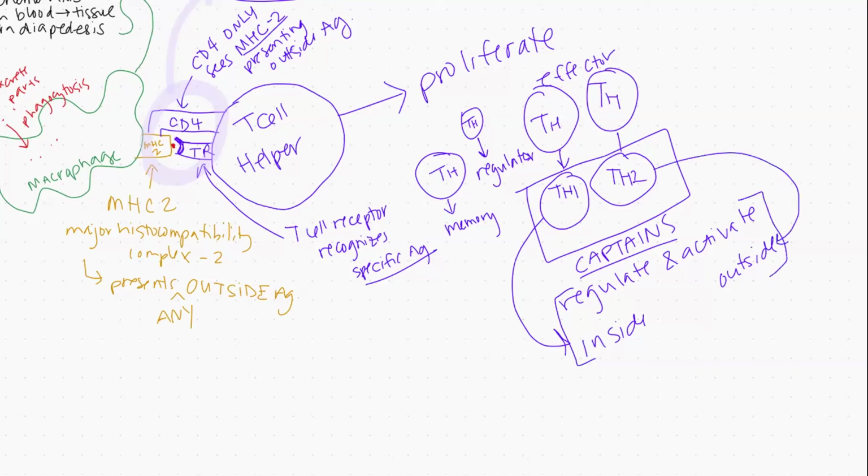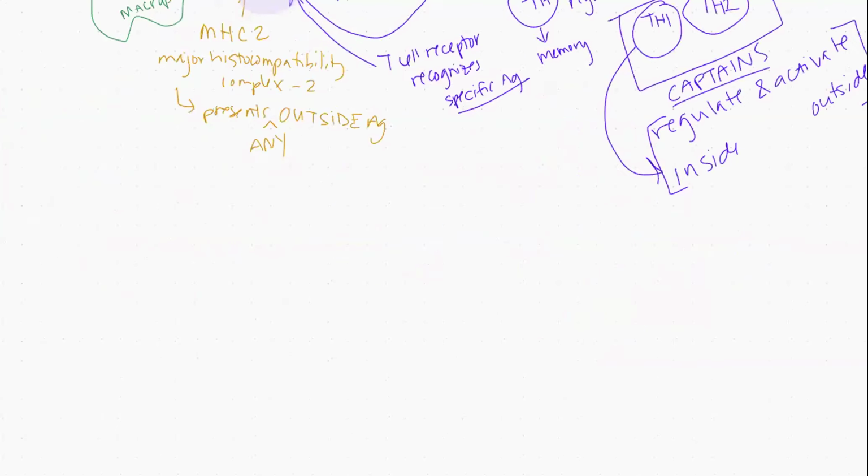Okay, so how's that going to work? Well, when you have an infected self cell, we'll have our two different responses here. We'll have the inside and how we're going to actually attack the pathogen.